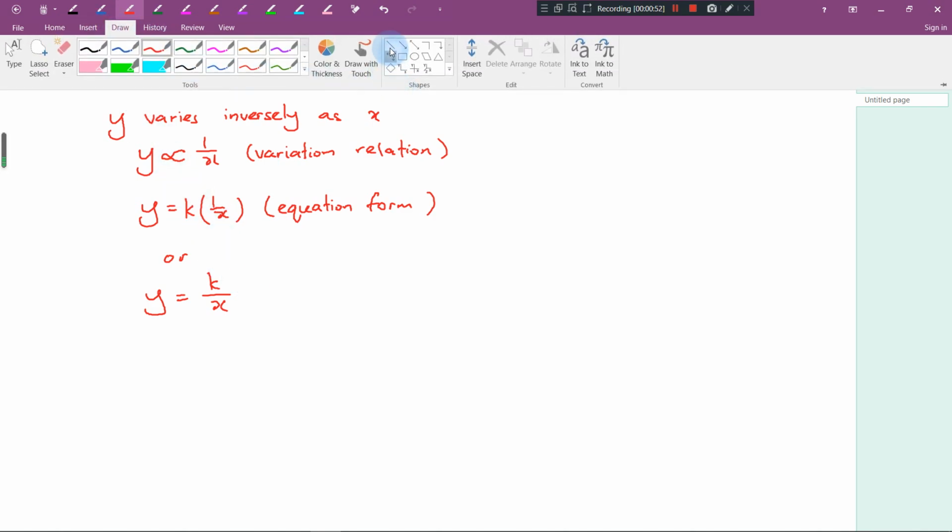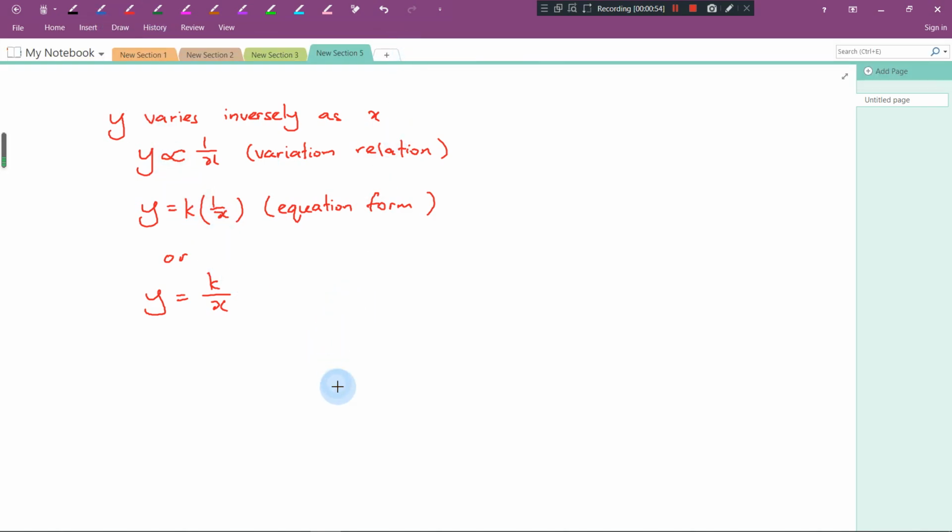Let's look at the graph of an inverse function. Inverse variations. Okay, I think you still remember in Form 2 you learned about this function. This is actually a reciprocal function.